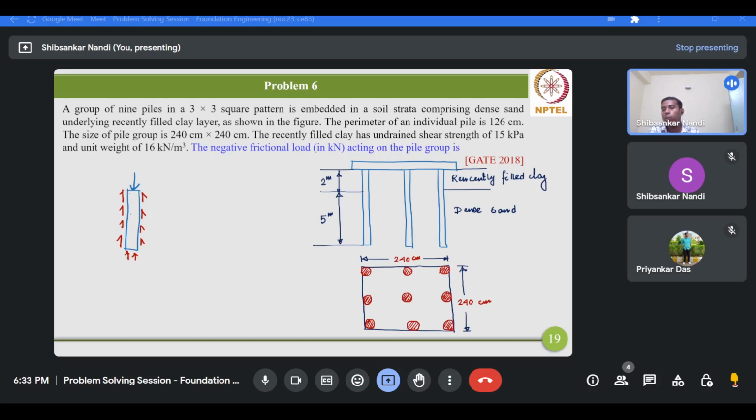That's why you are having the resistance in the upward direction, both for point bearing and for skin friction.